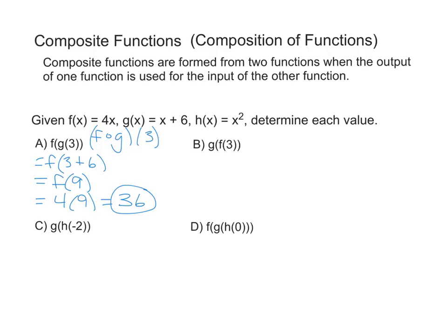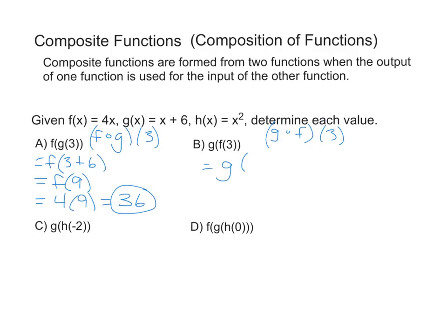Anytime I have a composition of functions, I'm going to write it in this form with the brackets. It's still the same thing, but to me it makes a lot more sense. So if we look at the second one, g of f of 3, the innermost brackets say find f of 3.